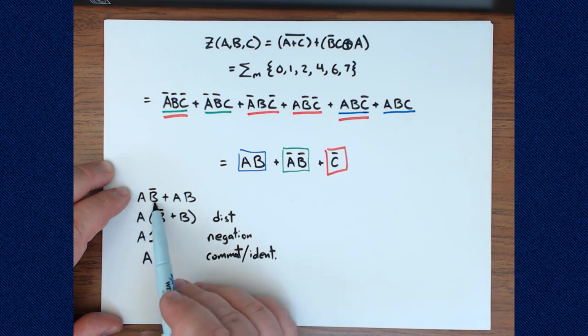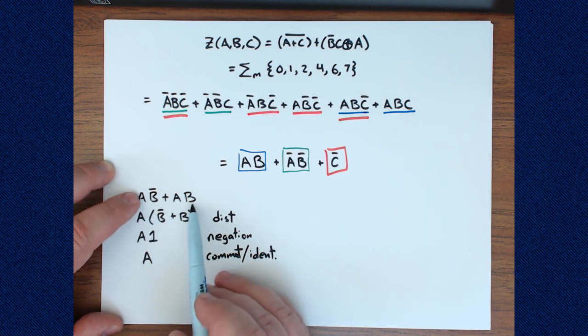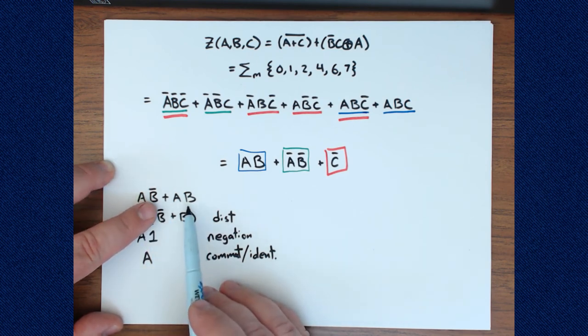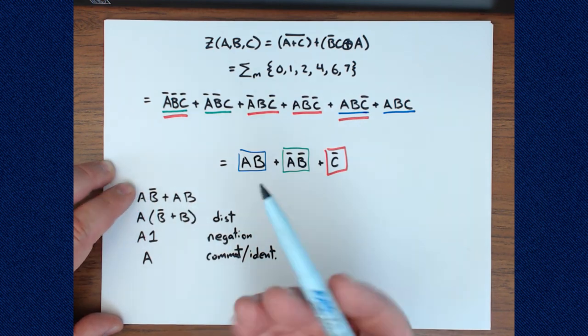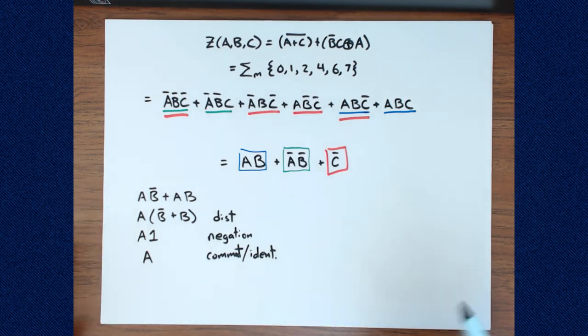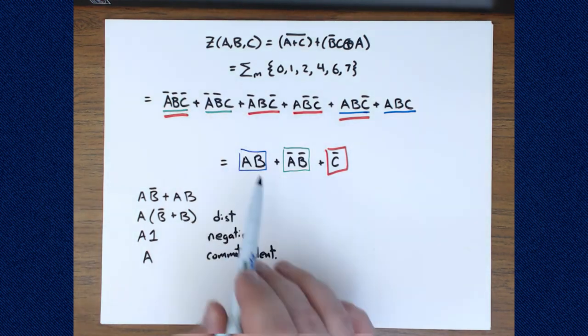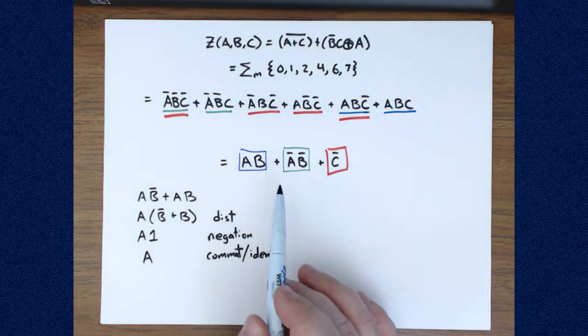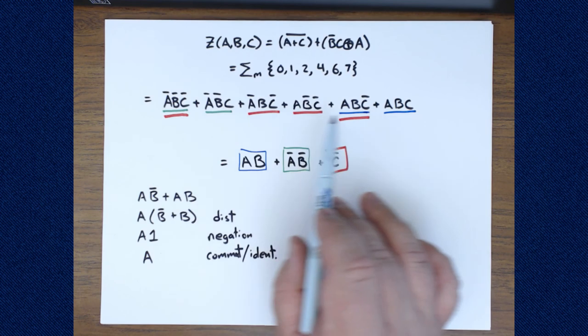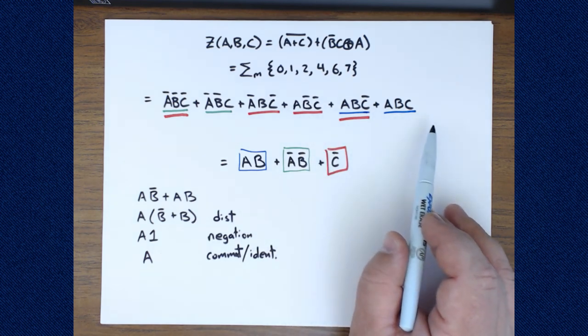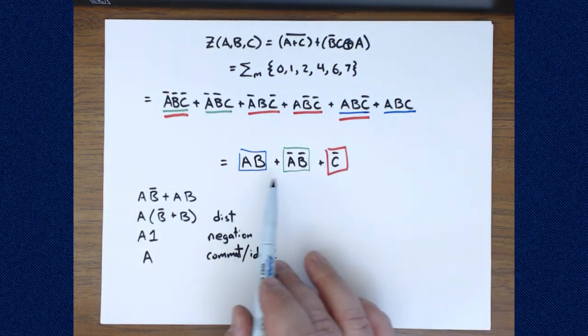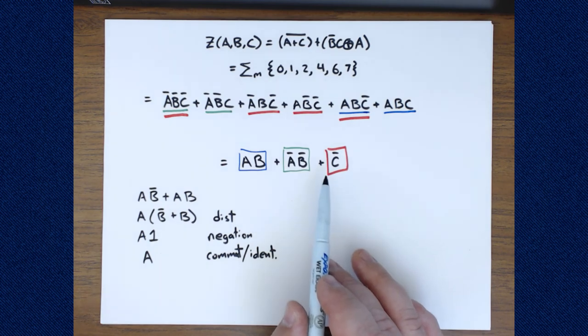Now, if this were A, B, and C, we could apply these steps to get rid of the B. And then if we needed to get rid of the C as well, the same set of steps would apply to what remained. So this generic approach that I've done here can be used universally to simplify our complete sum of products expressions into very nice compact sum of product expressions.